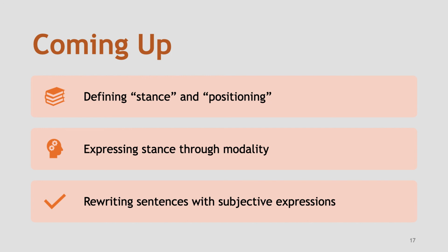Okay, and in terms of modality, there are different types of expressions that you can choose in order to avoid expressing your views subjectively. Okay, so we'll also include some exercises that ask you to rewrite sentences that contain subjective expressions.